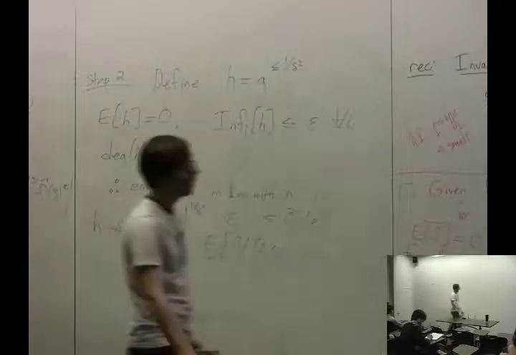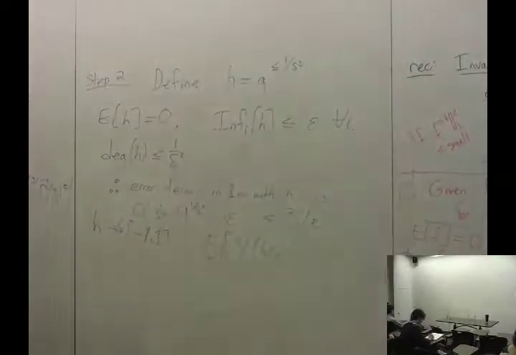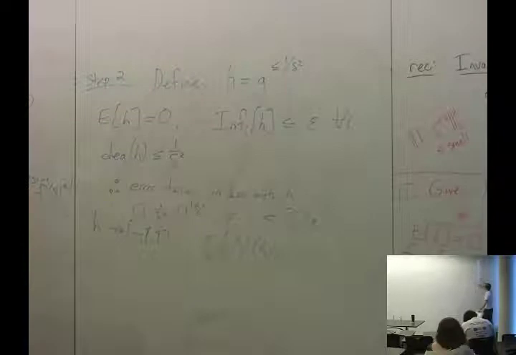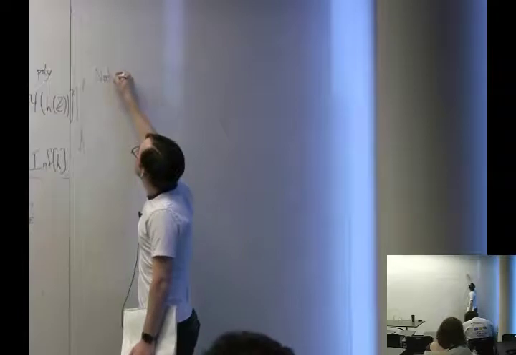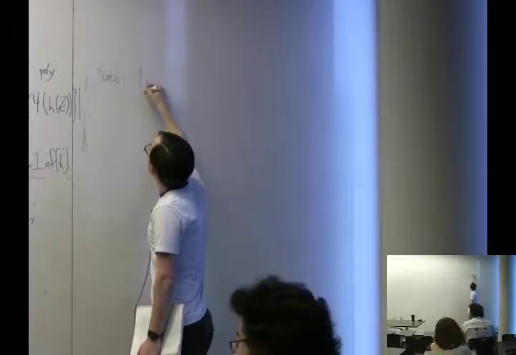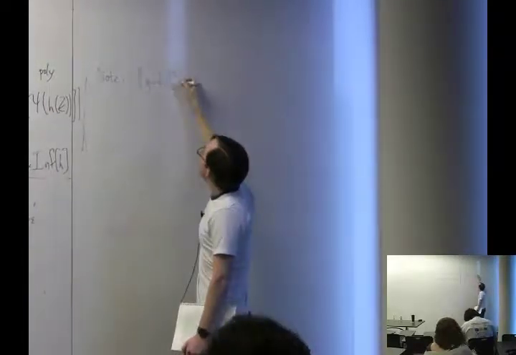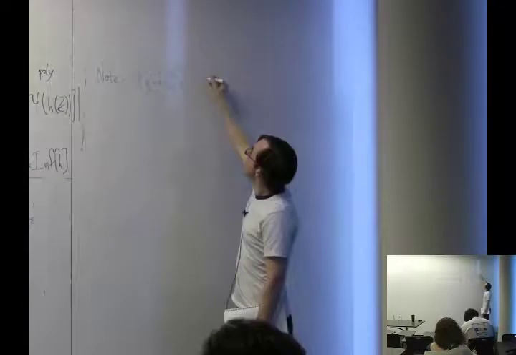But, and this is the last step, I claim that G is close to H in L2 squared. Truncating the high degree part of G hardly matters to G because it's already smooth. And so since G maps into -1, 1, H almost maps into -1, 1. So we can just note that G minus H in L2 squared, I just dropped some terms.